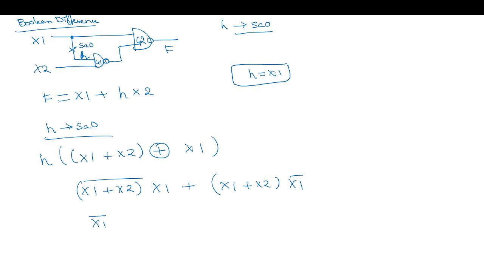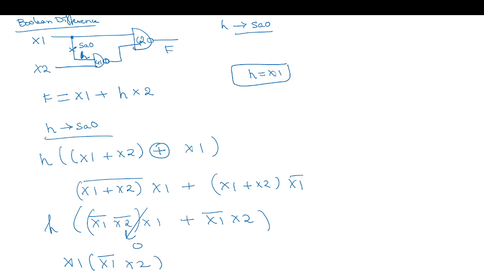This will be x1 complement x2 complement x1, which is 0, plus x1 bar will go, so x1 complement x2 multiplied with h. What is the value of h? h is x1 complement x2. So we want a 0 here and a 1 here. So this is also not equivalent to 1. So this fault is also untestable.